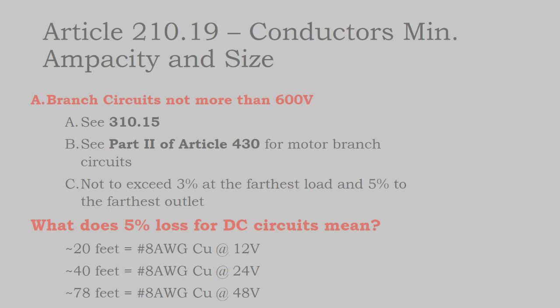So not trying to get the 5%, but going for a 2% is the more sane, rational approach. And since we're on the topic of voltage drop, what does a 5% to the furthest outlet mean for AC or DC circuits?